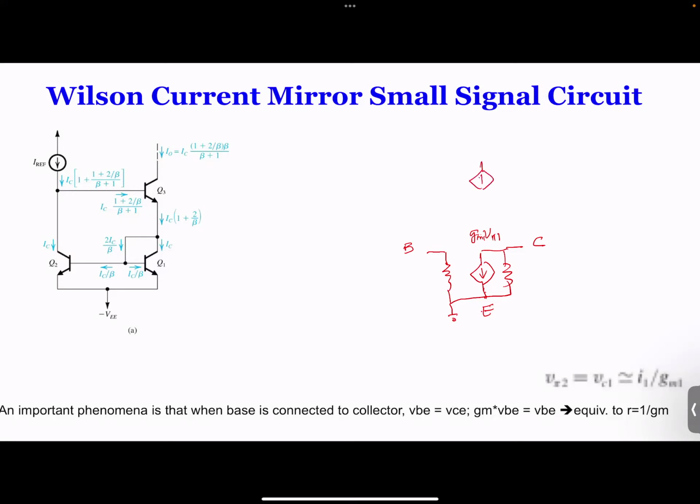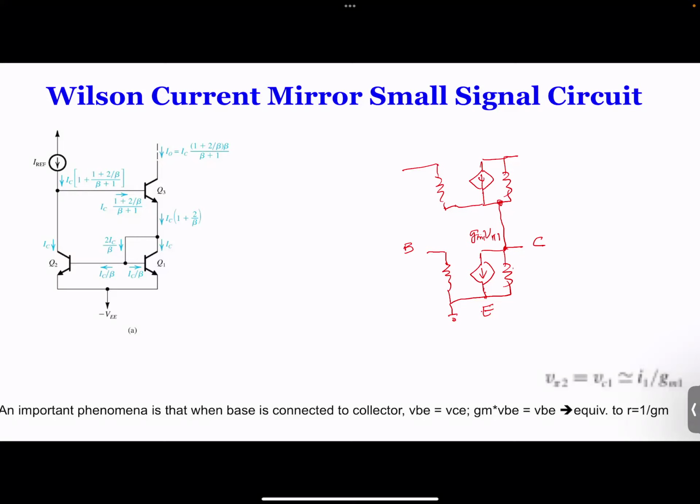Okay, the emitter of Q3 is connected to the collector of Q1, so we can connect them like this. So now we have this connected.